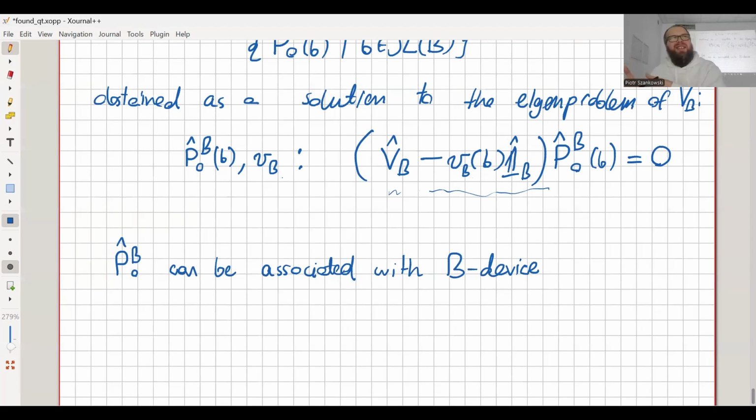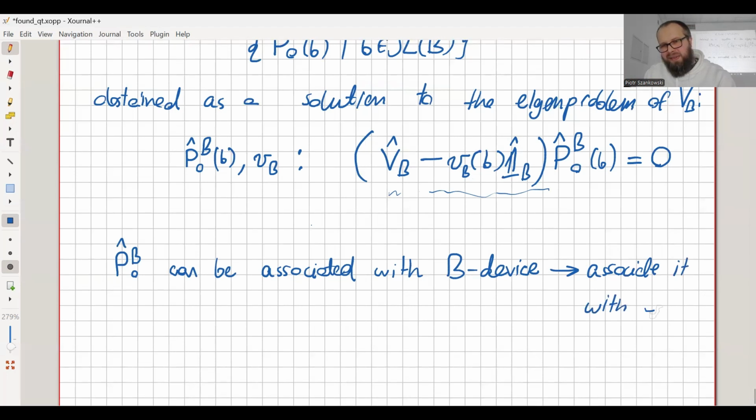And since we are doing this for one observable, we can actually find the master bi-trajectory measure for bi-trajectories representing this observable capital B. So we associate it with B, which then we associate with the master measure Q_B.